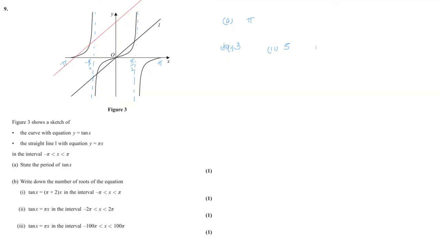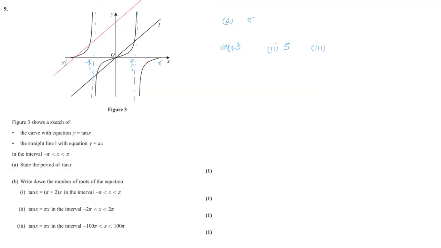And then part 3, minus 100 to 100. So if we look at the pattern, even on this one between minus pi and pi, it crosses in 3 places, doesn't it? So 3 places between minus pi and pi, 5 places between minus 2 pi and 2 pi.